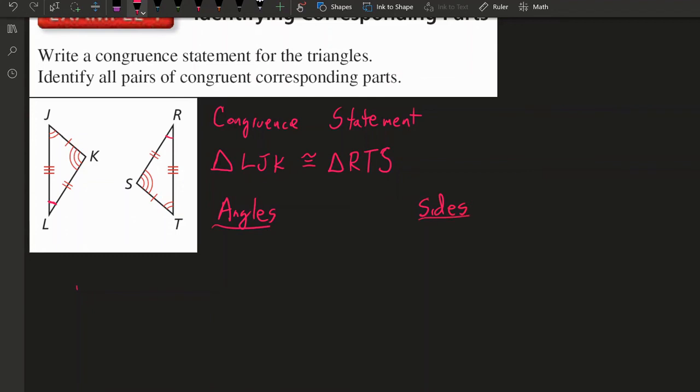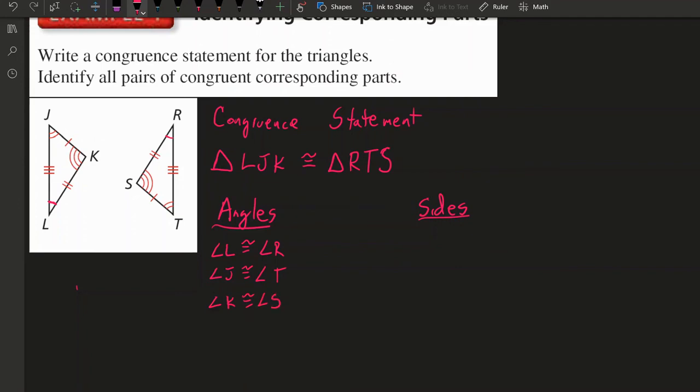Because now I know there are 3 angles and 3 sides, so I should have a total of 6 statements here. So I can say angle L is congruent to angle R. Angle J is congruent to angle T, and angle K is congruent to angle S.